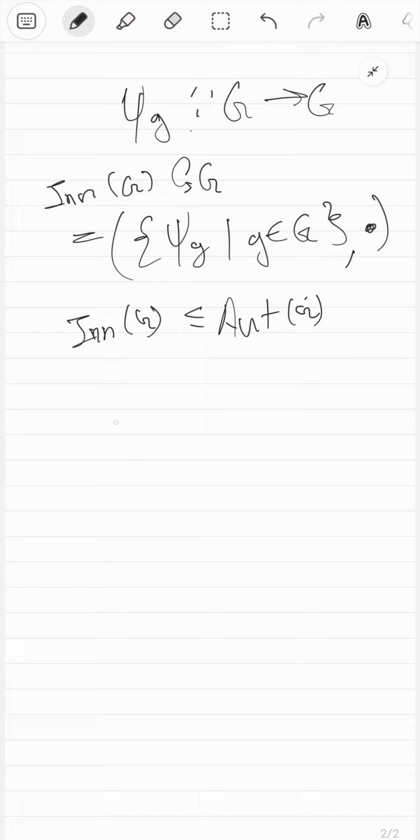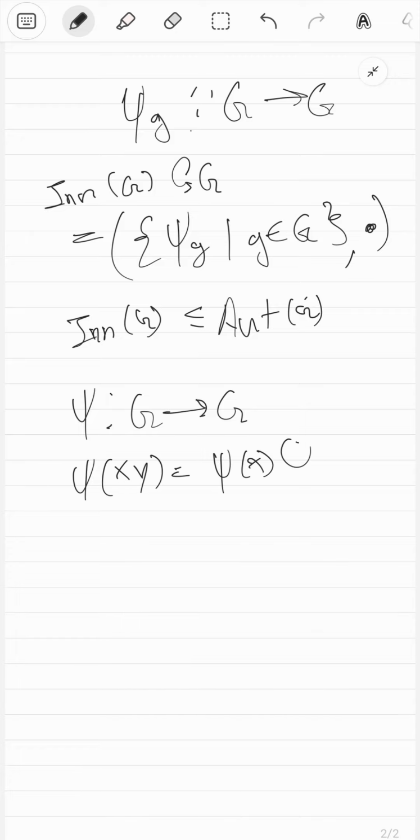So a homomorphism that goes from capital G to G, and it's supposed to be injective, which now kind of means that the whole codomain has to be covered. So it's also surjective. So it's a bijection essentially, and so that's an isomorphism. So let's say some function that takes you from capital G to G, and it's a homomorphism. So we're just saying psi of x y is equal to psi of x psi of y.